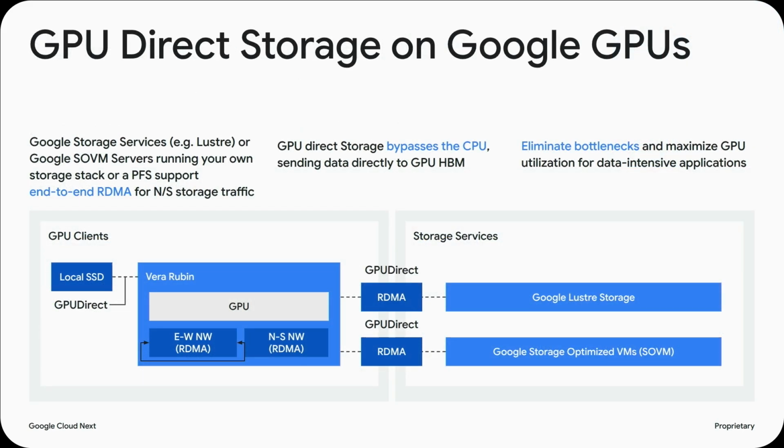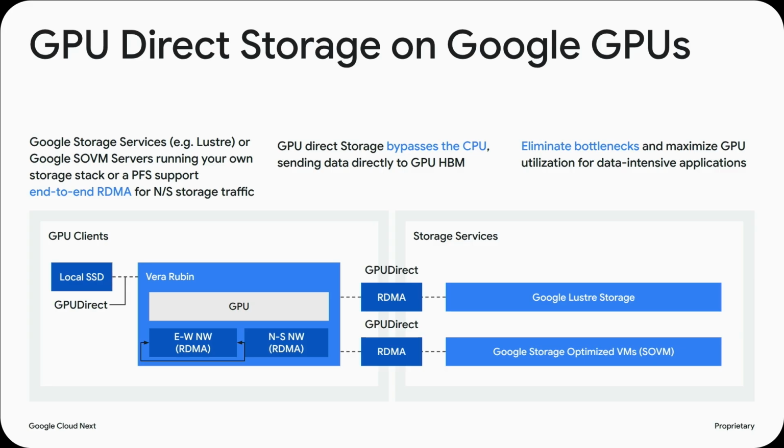And that's what I meant by giving more flexibility and removing any bottlenecks that you typically incur in data-intensive AI applications. So we are going to support GPU Direct Storage for both our managed services as well as for the storage-optimized VM-based deployments, where you are deploying your own storage stack on the Z family of products.